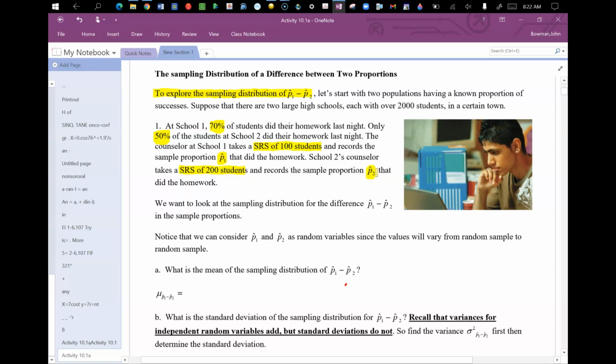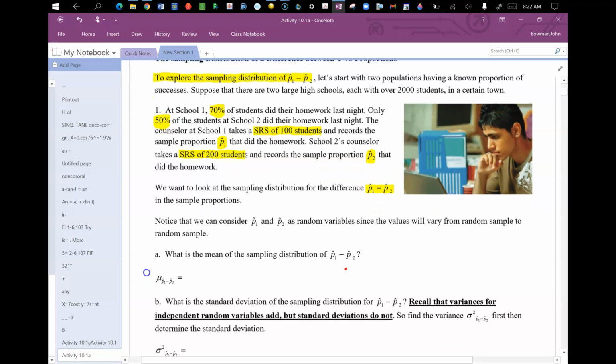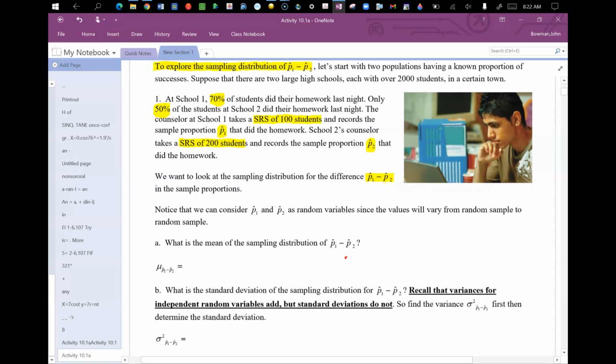We want to look at the sampling distribution for the difference of sample proportions. So think about what each of those sample proportions means. From each of those schools, we could take lots and lots of different samples of size 100 and size 200 respectively. When we do that, we are not going to consistently get the same sample proportions, P1 hat and P2 hat.